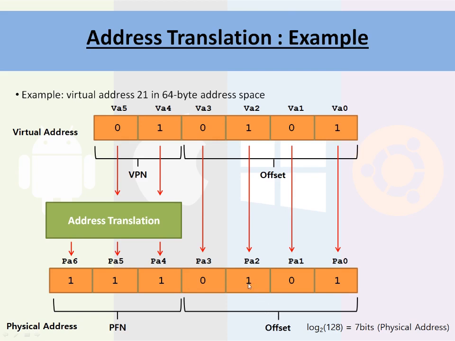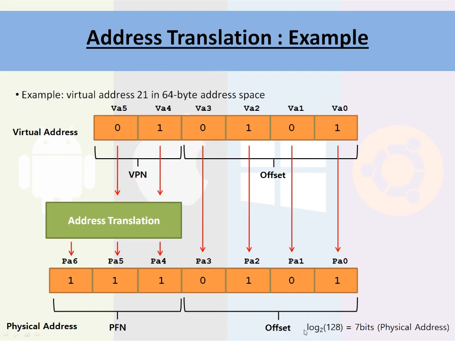Okay, but how do we know that our PFN, or page frame number, sorry, is 111? And also, how do I know that it's 3 bits? And how do I know that the whole address here is 7 bits? Well, as you can see in that little calculation, we know that the physical address space is 128 bytes, so we just apply the same approach.